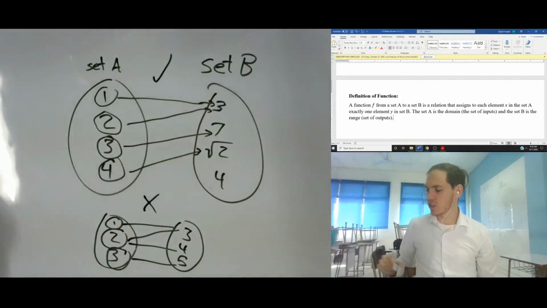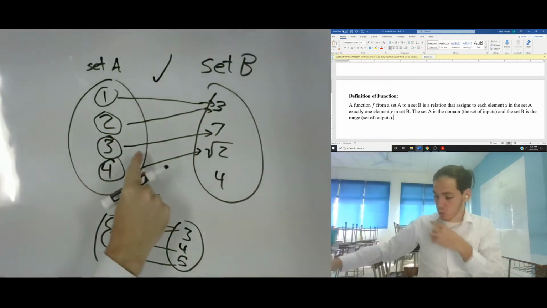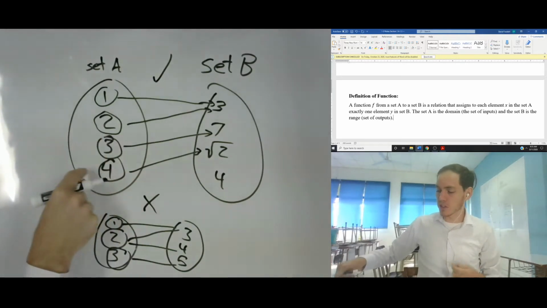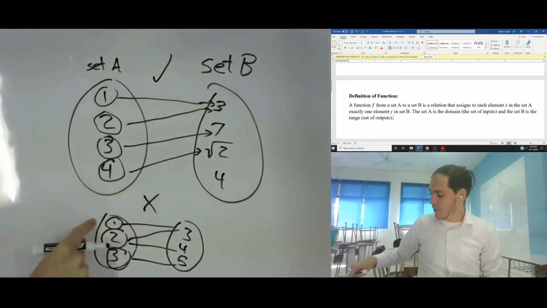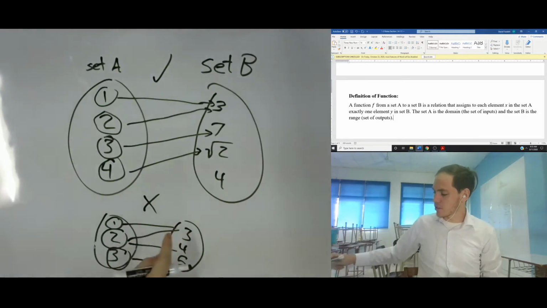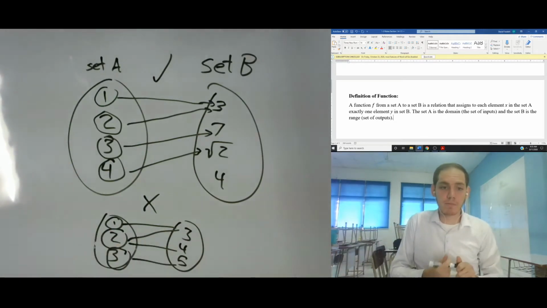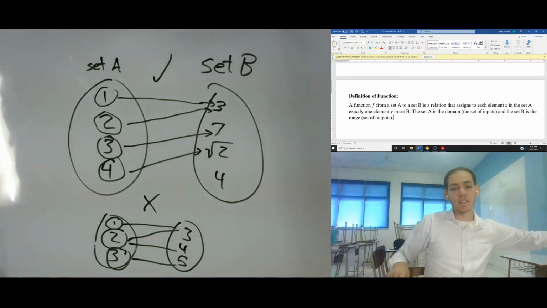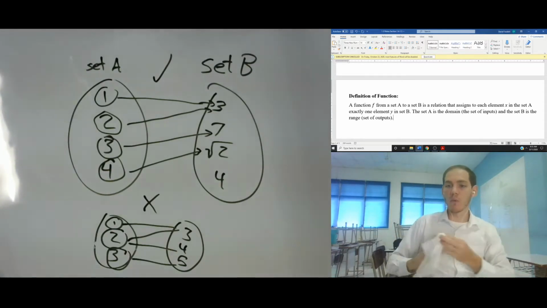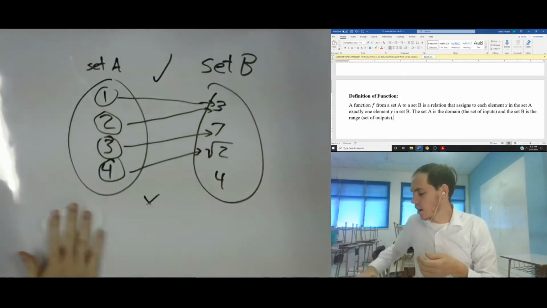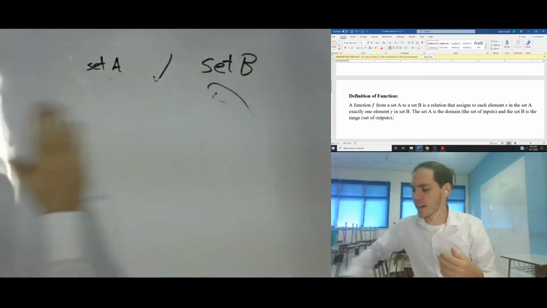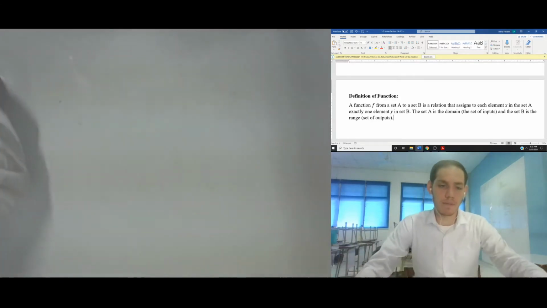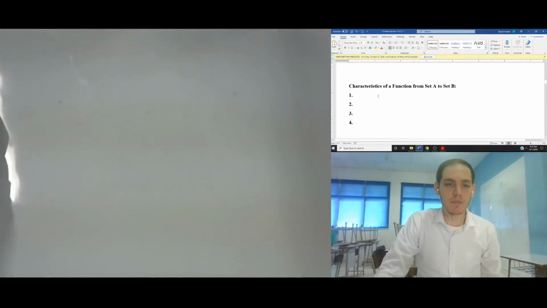This is a function, okay? So do you see how there's one arrow from each of these numbers? That's a function. If there's two arrows, that means it's not a function, okay? So you know a function based on the relation that an x has only one y, versus not a function is going to have an x with more than one y. Okay, let's keep moving on.